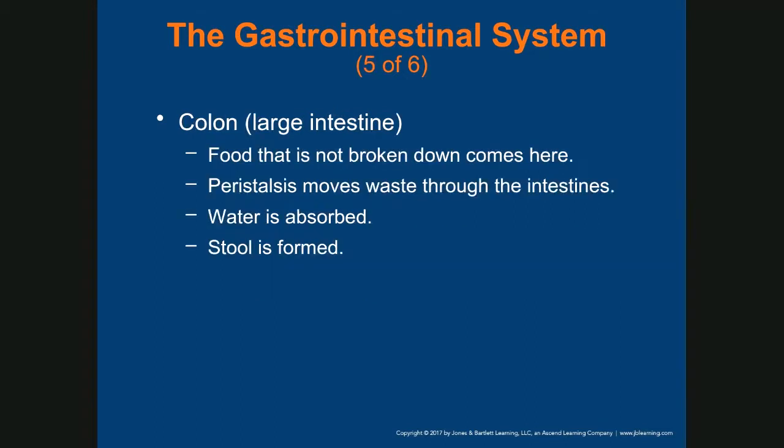In the large intestine or colon, whatever fluid remains is absorbed at that point, and the bacteria is broken down at this point as well. So the colon or large intestine, food that is not broken down comes here. Peristalsis moves waste through the intestines, right? Any water that remains is absorbed, and whatever is left becomes the stool.